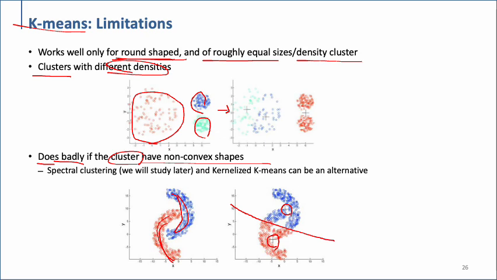This one is also not a good case. The summary of the k-means limitations is that it only works for round-shaped clusters of equal size or density, but still it's a very good algorithm for clustering data.